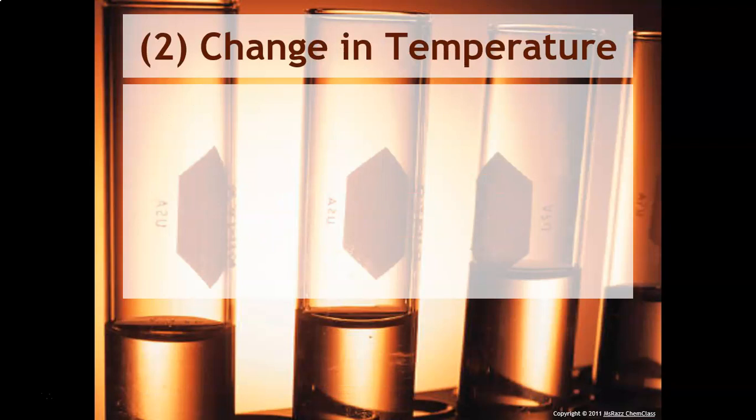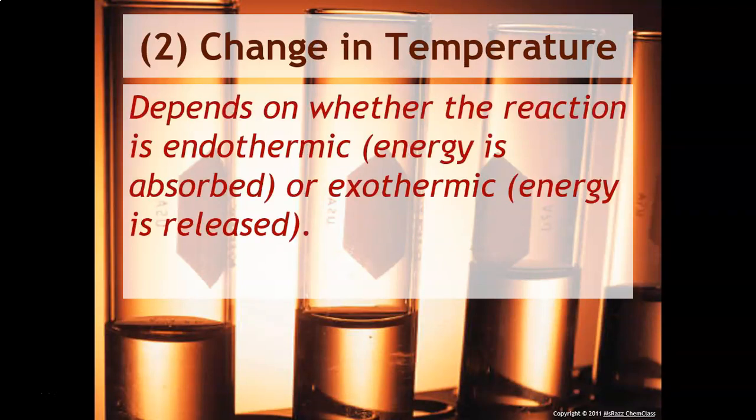Let's talk now about changes in temperature. When we talk about changes in temperature, we're focusing on whether the reaction is endothermic or exothermic. So we have to look to see what the energy is associated with each of these.